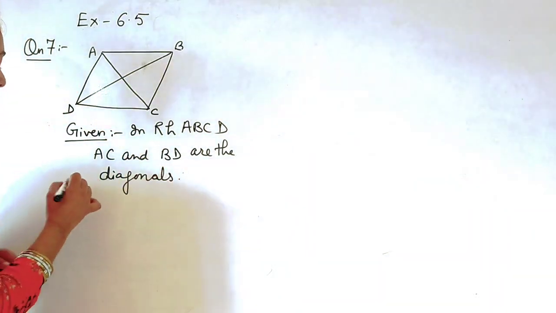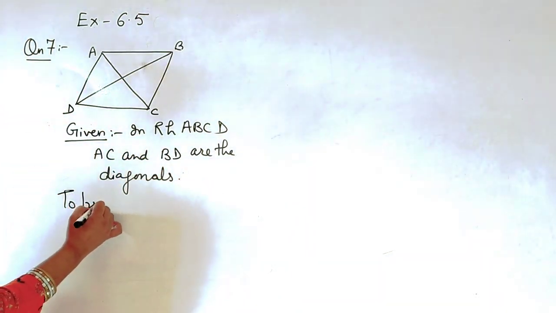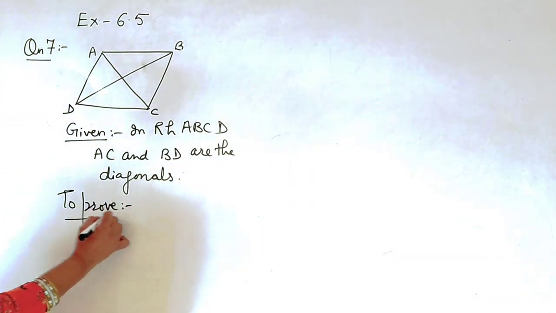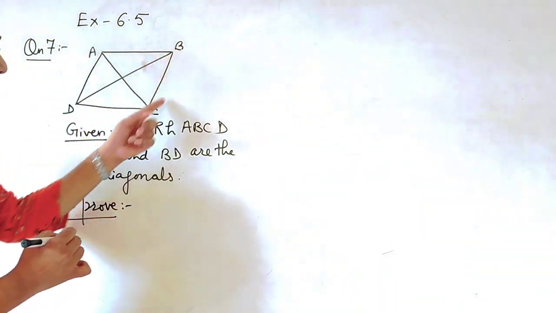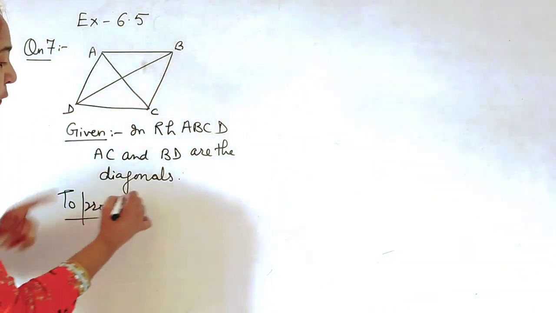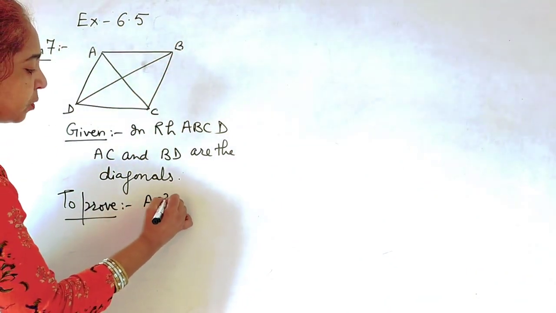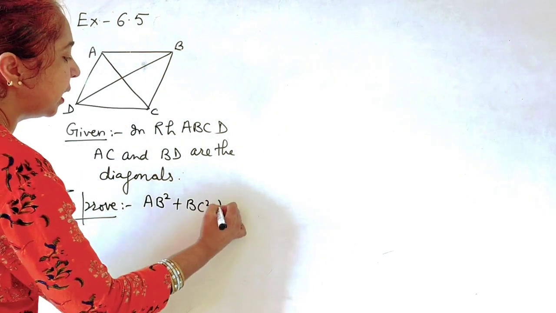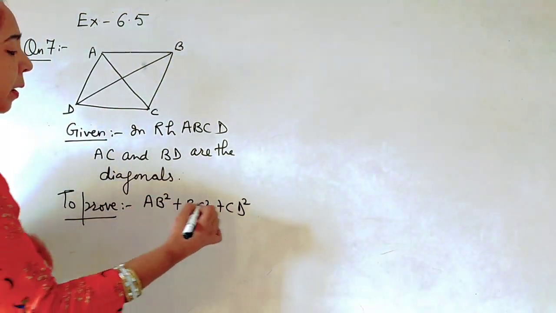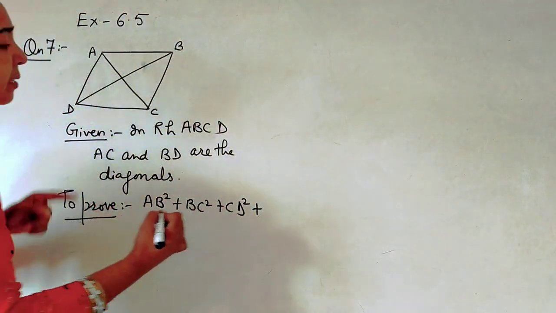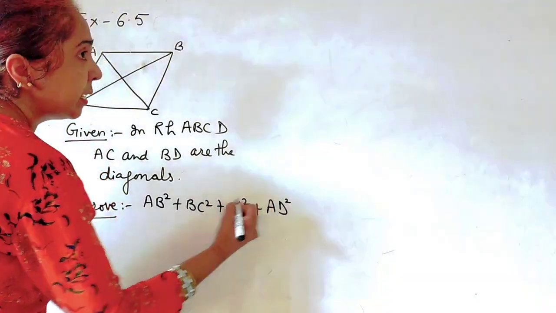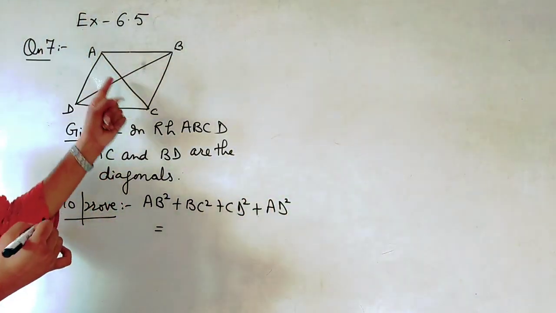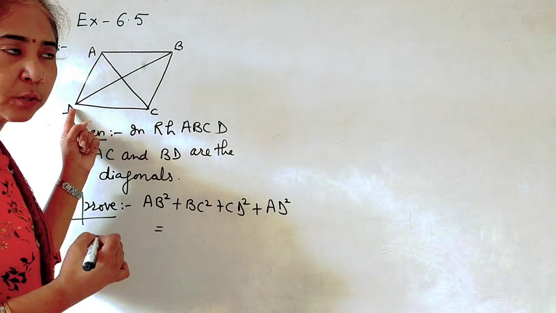Okay, and what do you have to prove? You have to prove that the sum of the squares of all four sides, that is AB square plus BC square plus CD square plus AD square, is equal to AC square plus BD square.